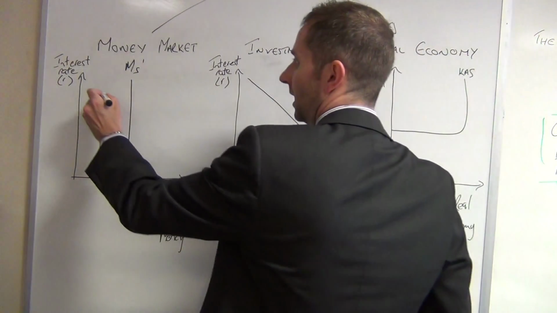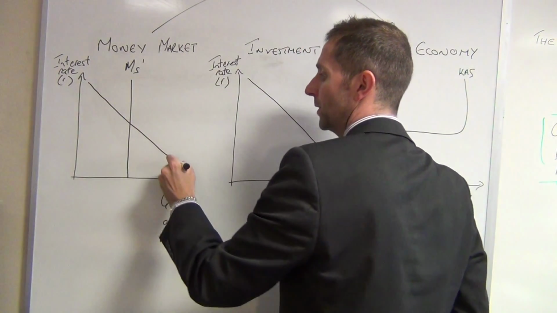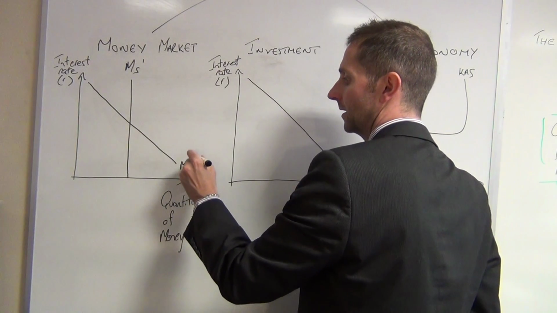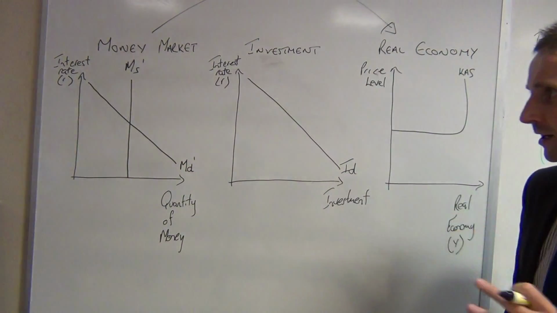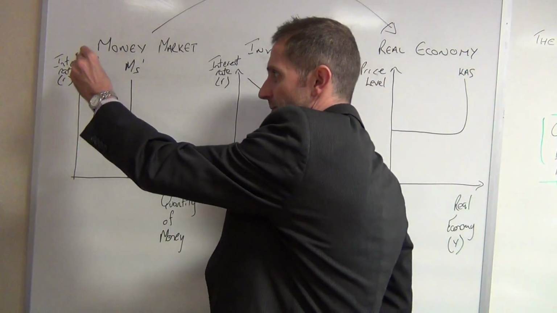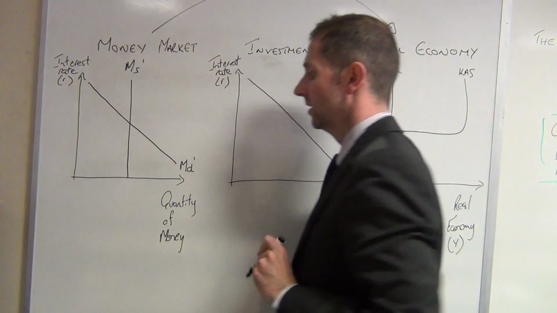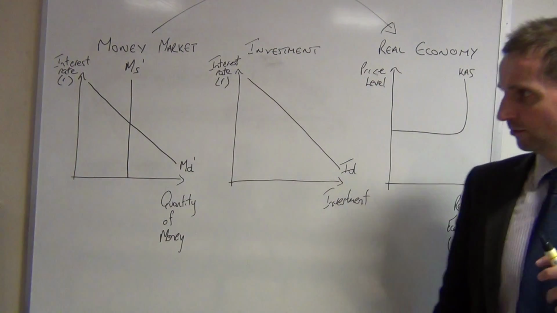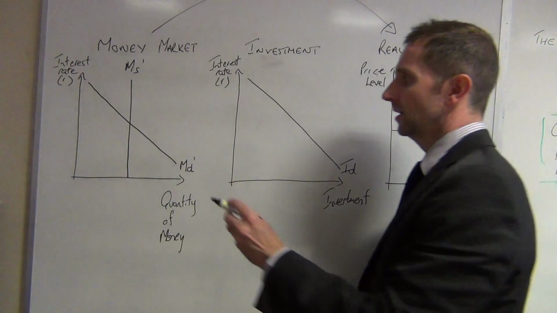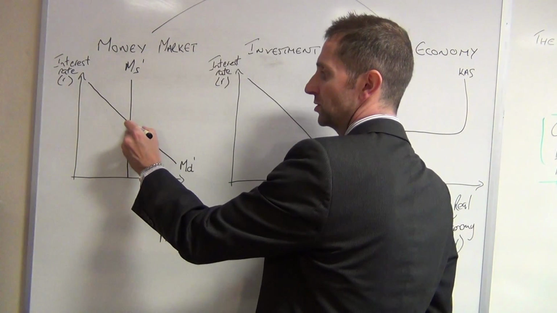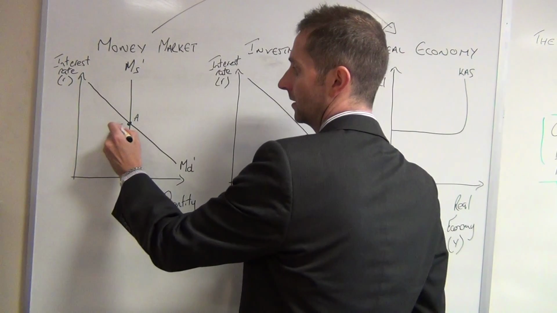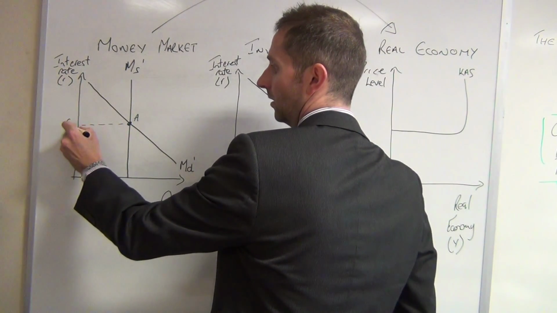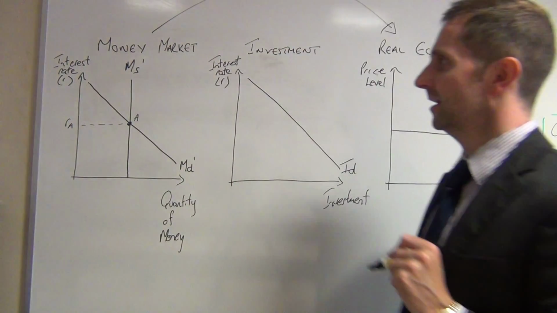And I'm also going to add to this a money demand curve, sloping downwards from left to right. So as the base rate, or as the interest rate falls, the quantity of money demanded rises. That yields our equilibrium position A, so we can call this RA for example.